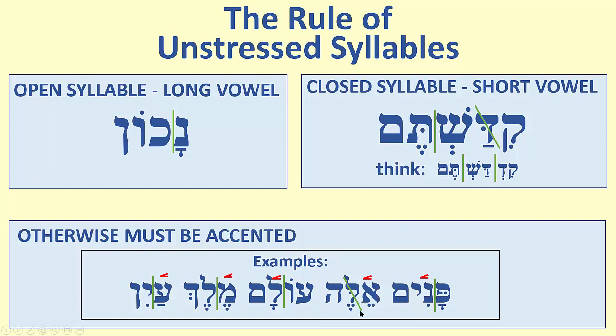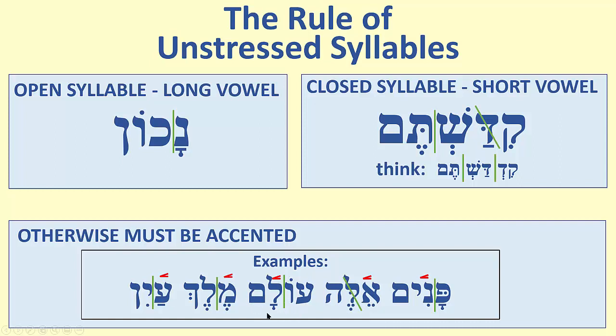In this second example, ele, we have a closed first syllable with a long tsere vowel. See, the lamed is grammatically doubled, so one lamed is closing the first syllable, the second lamed is starting the second syllable. So we have here a closed syllable with a long vowel. Well, that's not allowed according to the rule of unstressed syllables. Therefore, it must be stressed. It must be accented. Ele.